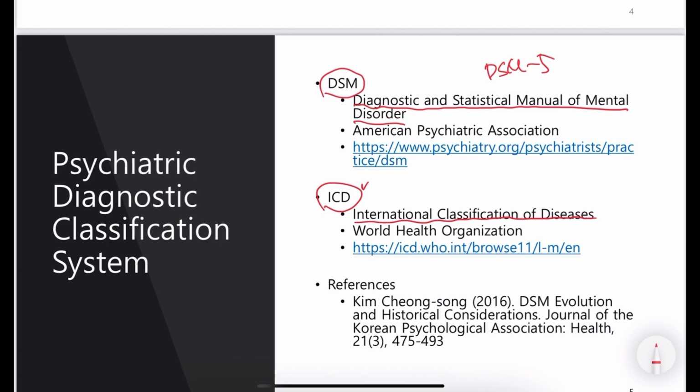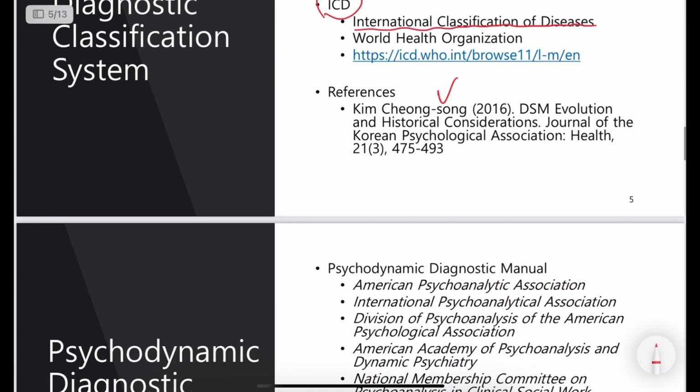In 2019, ICD-11 was approved, and since 2022, the 11th edition has been in use. If you want to learn more about the history of DSM, I have uploaded a paper by Professor Kim Chung-song to the campus site for you to read.